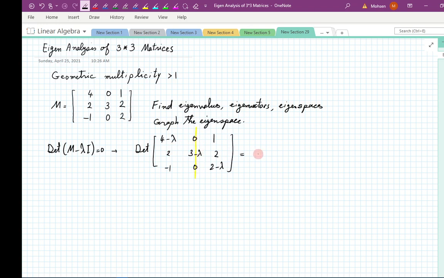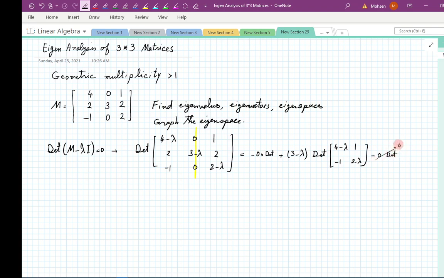So it's going to be 0 times the determinant of whatever is left, and then plus 3 minus lambda times the determinant of whatever is left, and this one I better write. I have 4 minus lambda, 1, minus 1, and 2 minus lambda, and finally minus 0 times the determinant of whatever is left after that row and column is eliminated.